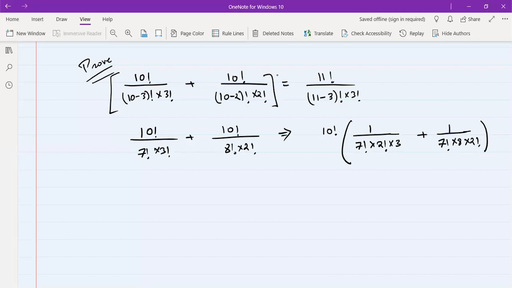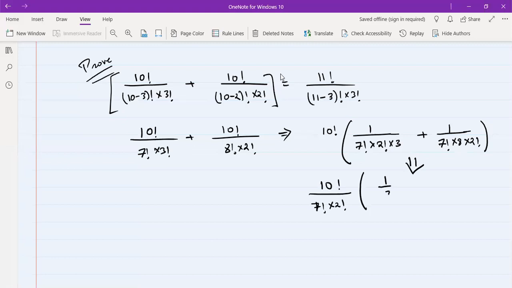Anyone have any issue till this point? Step by step, one step at a time. Now see the next step. I can take 7 factorial and 2 factorial common from the denominator. So what am I left with?